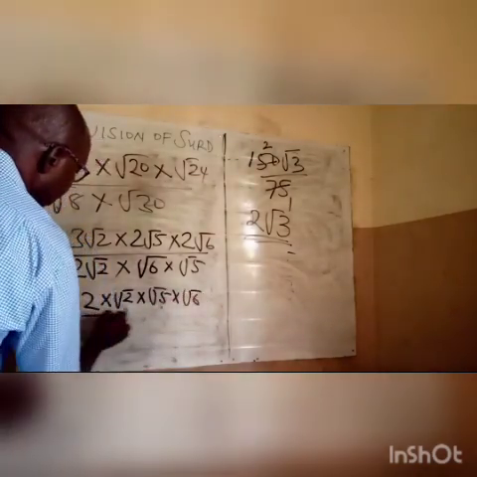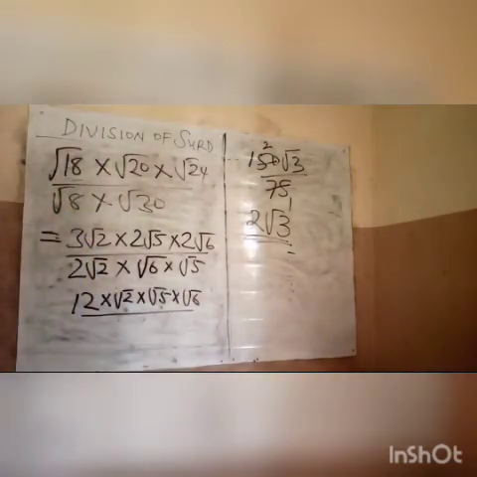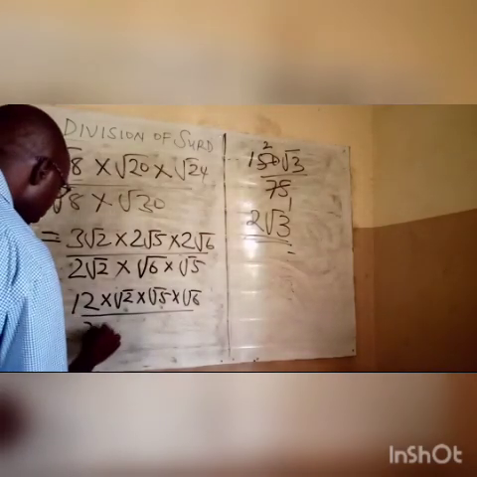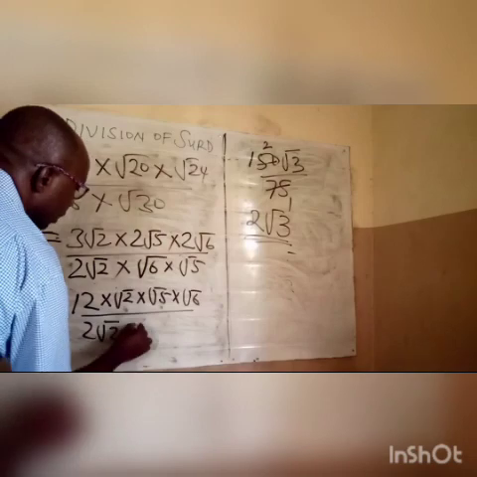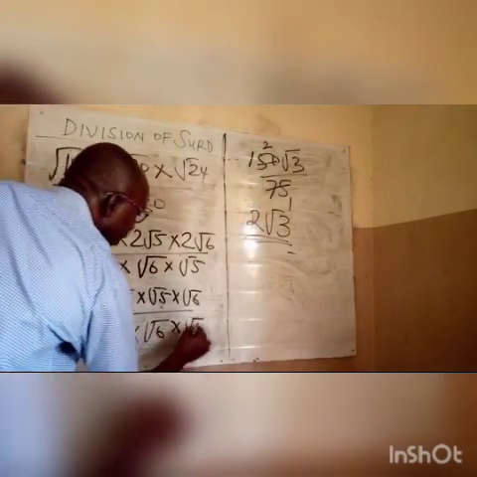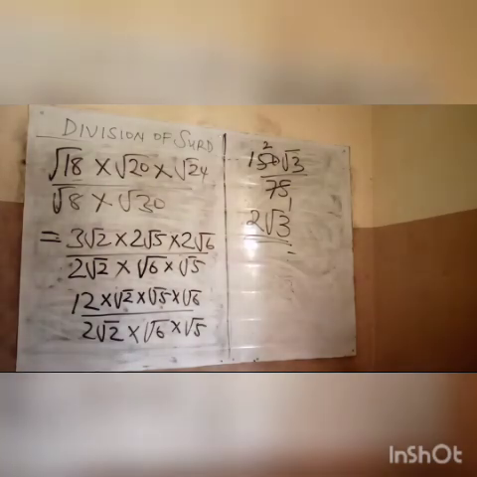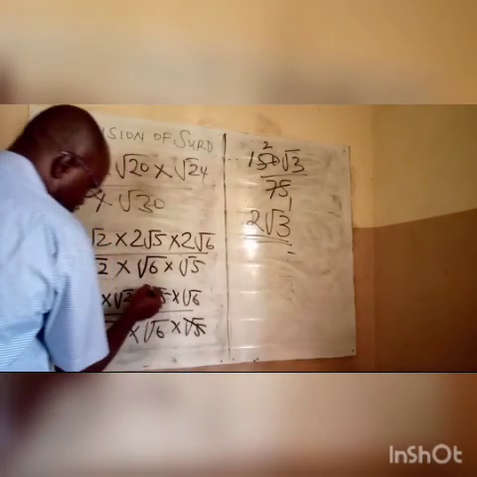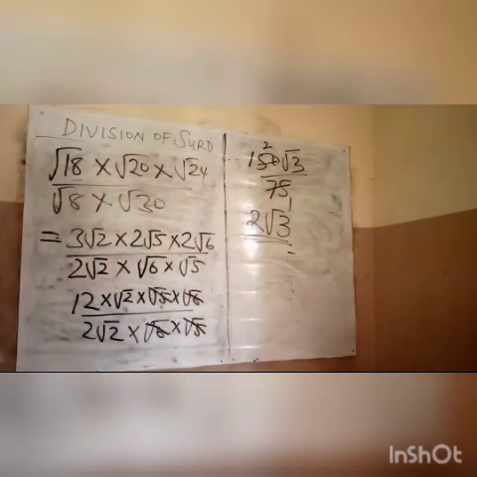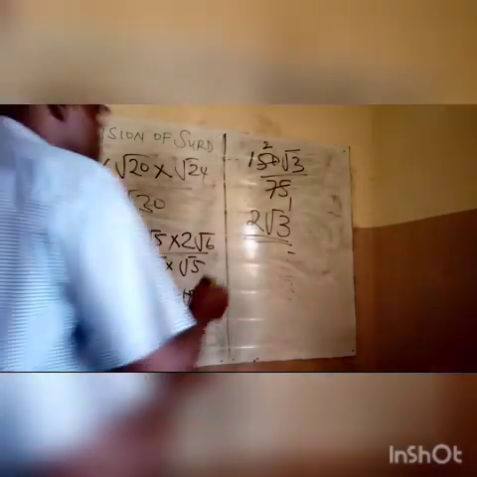Let us see whether there's any possible way of dividing. Since we now have 2 root 2 times root 6 times root 5, we can cancel the roots that are the same. We cancel this one, this one, this one, and this one. We are left with 12 root 2 over 2 root 2.